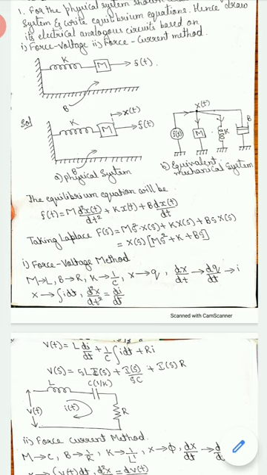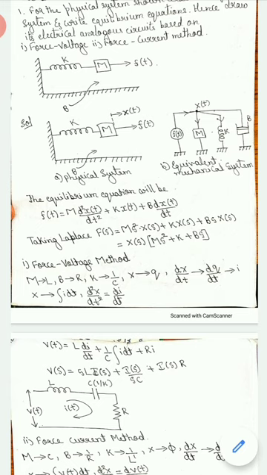f of t is equal to m into d square x of t divided by dt square plus k into x of t plus b into dx of t divided by dt.